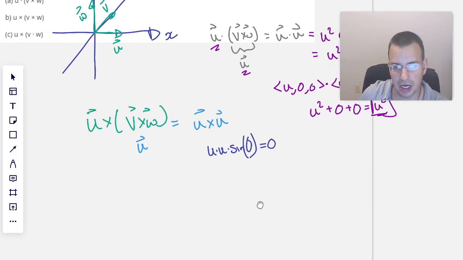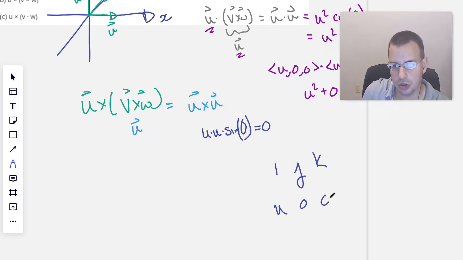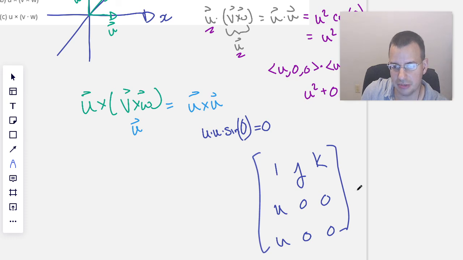Another way to look at cross products in 3 dimensions is you do i, j, k, write the top vector. We'll call it u, 0, 0, just like we did up here. Second vector will also be u, 0, 0. And you take the determinant of this matrix. This is supposed to be an i, not a 1.